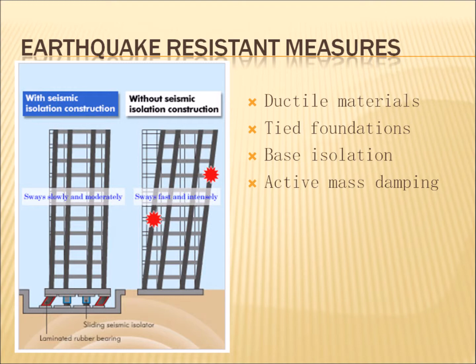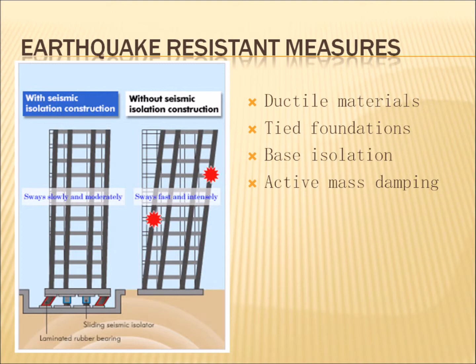On the left here, we have a comparison of tied foundations versus base isolation. On the right side of the figure, you have a tied foundation, which is literally tying the building to its foundation so that the building and the foundation move as one, therefore decreasing the effect of inertial forces and the seismic load.